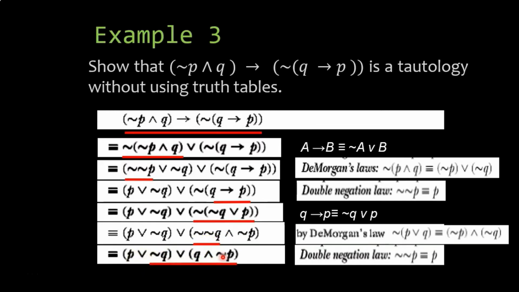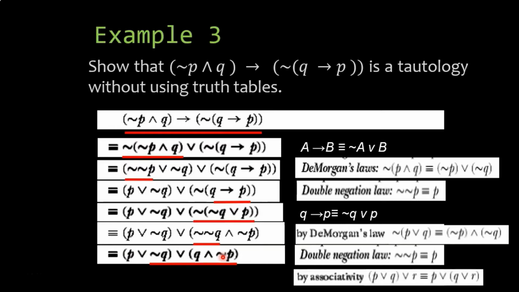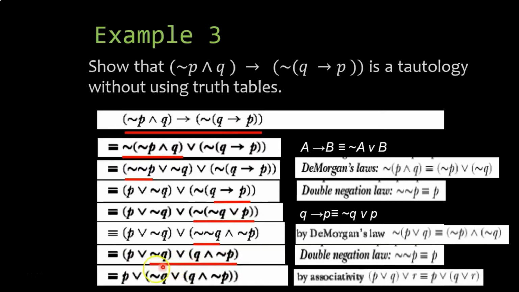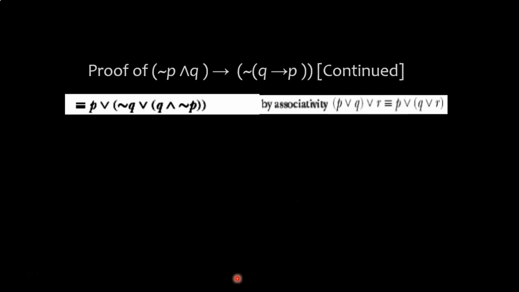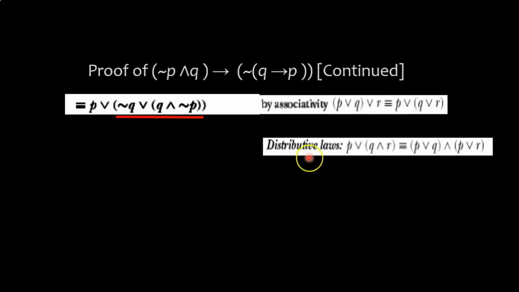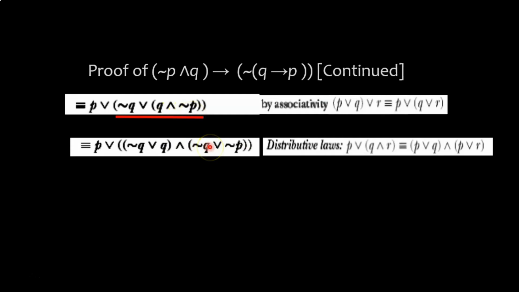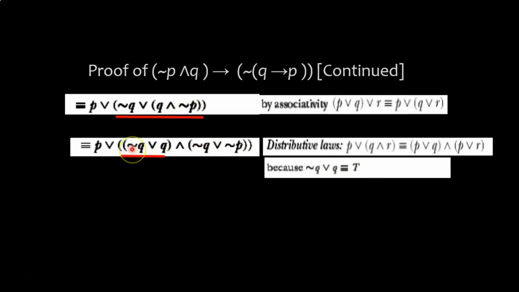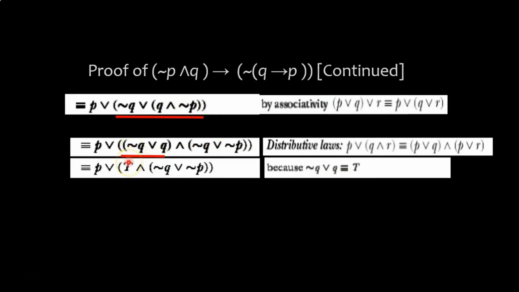And then for this one, you can use the associative law to put another bracket that covers from this side to that side like this, and then you can use the distributive laws to solve the not Q or bracket Q and not P, which becomes this one, so this one becomes true.